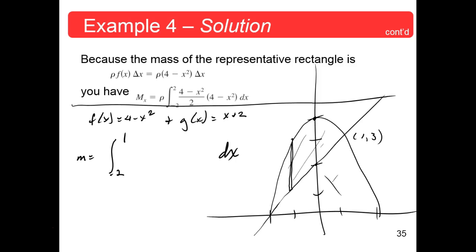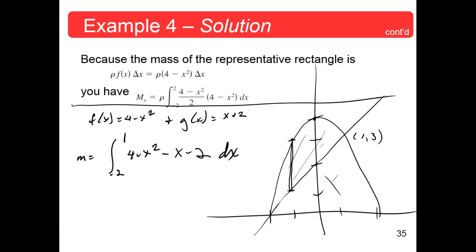Okay. Let's first just do the mass. And that would be the length times the width. And what's the length of this? This from here to here. 4 minus x squared minus, you got the minus g, minus x minus 2, right? The length of this is the y, f minus g, okay?